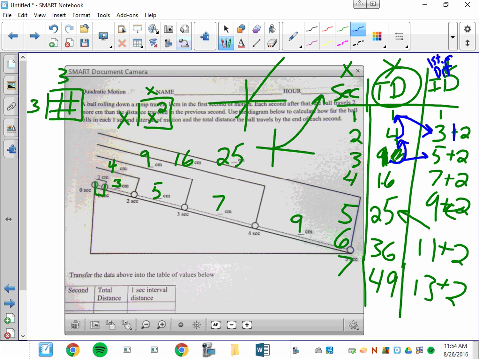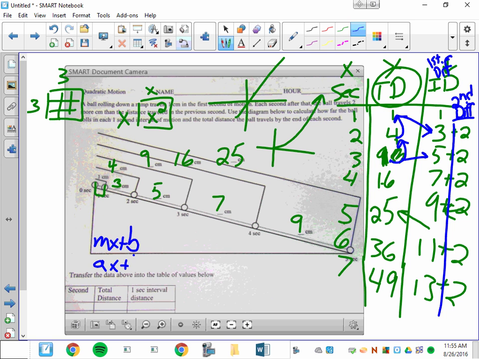So this list over here we call the second differences. If the second differences are constant, then it's not a linear equation. It's an x squared equation of some sort. Now, linears look like mx plus b, or in the math world, ax plus b.